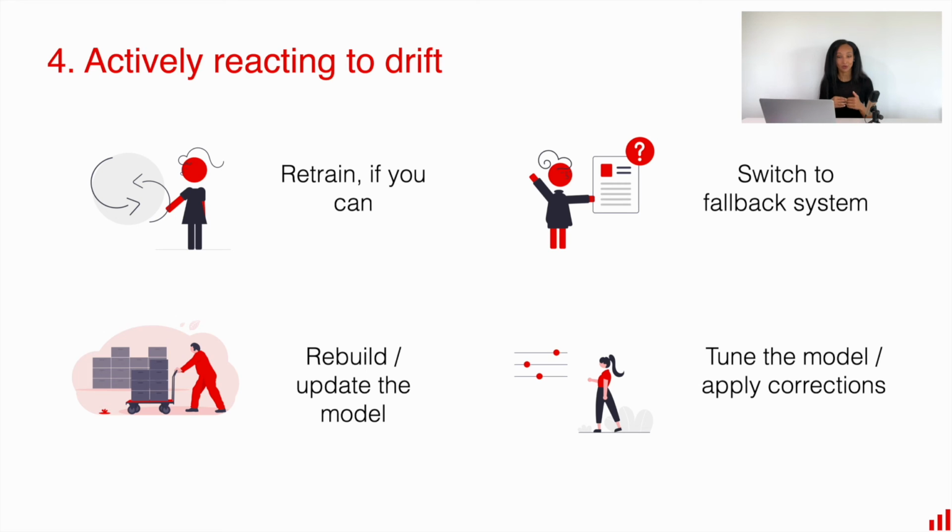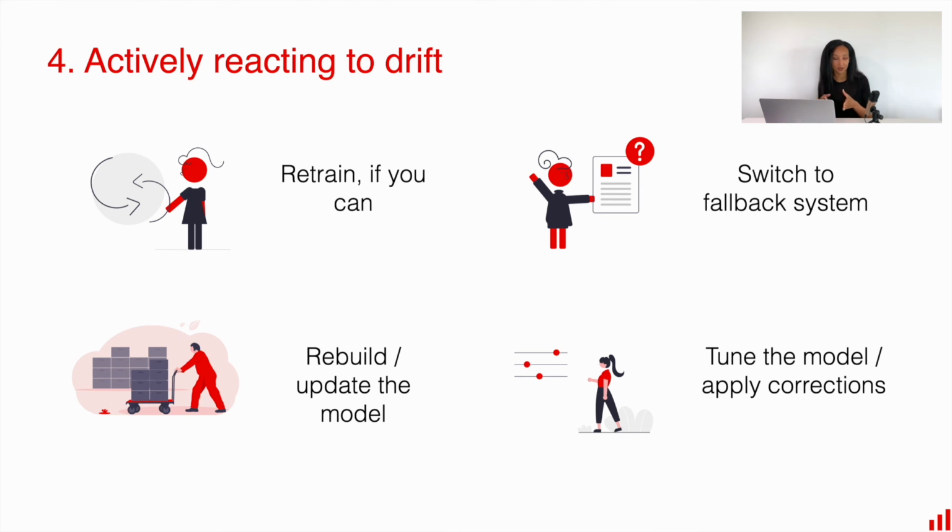So finally, quite often we need to actively react to drift. In this case, you can explore quite a lot of options depending on what we have implemented for our machine learning service. If there are some fallback systems, like for example another model or some rule-based system, we might want to switch to the fallback system. Or we can retrain our model if we have enough data for retraining, and there is no corrupted data on top of which we detected drift.